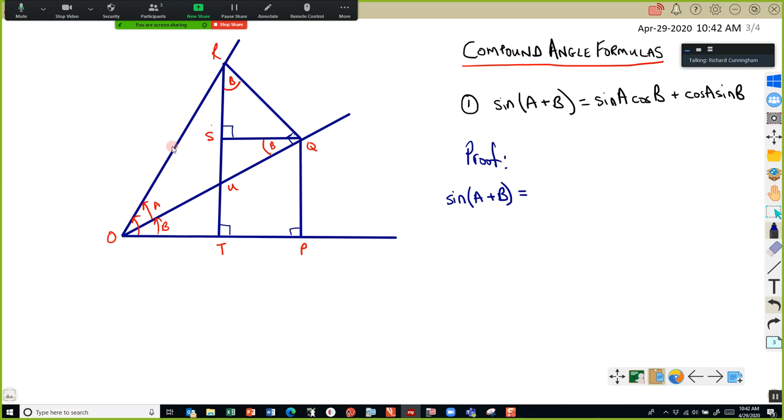Okay, so looking at our triangle ORT, I can see there's A plus B. What is sine of A plus B then, if it's opposite over hypotenuse, in terms of the letters there? Yep, DR over RO. Opposite over hypotenuse.